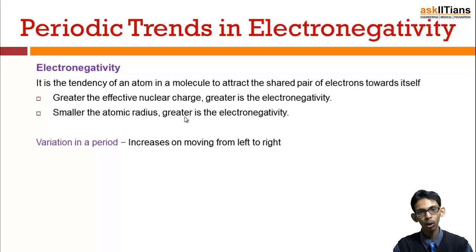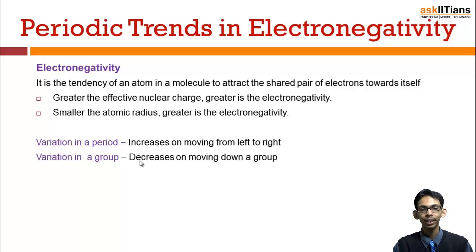We know that along a period, atomic size decreases, which means electronegativity increases. So in a period, it increases on moving from left to right, while it decreases down the group, when we move from top to bottom, because of the increase in size.